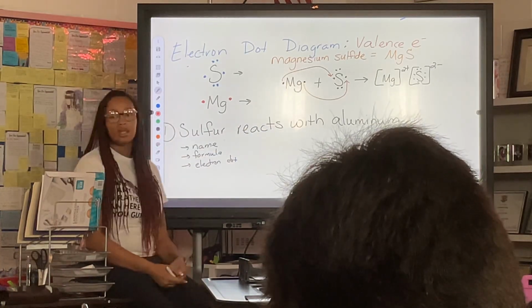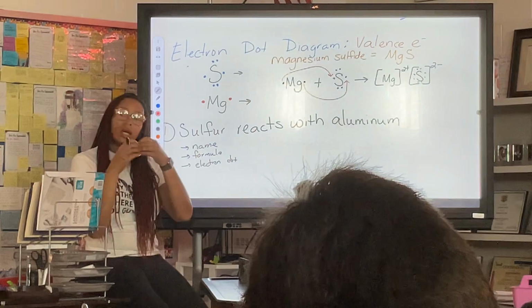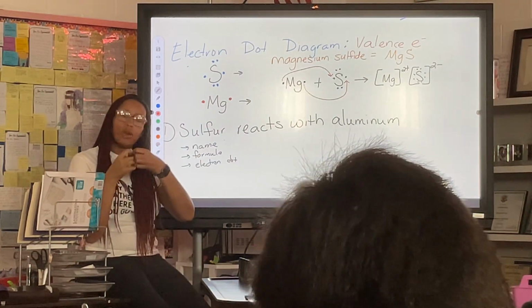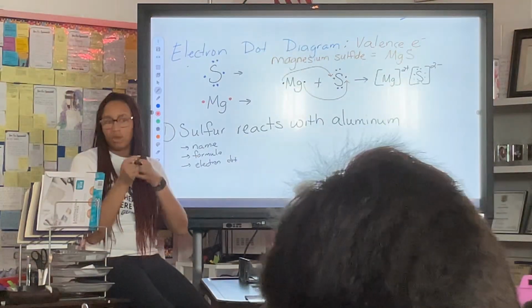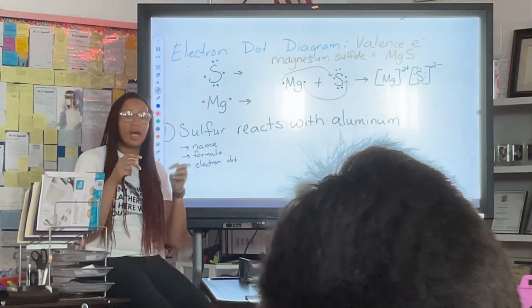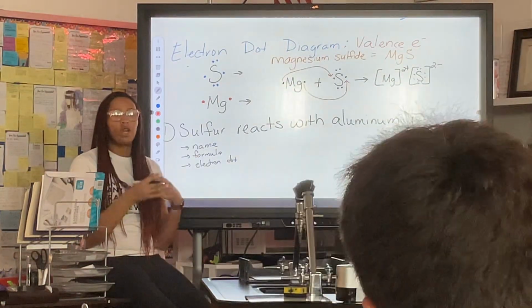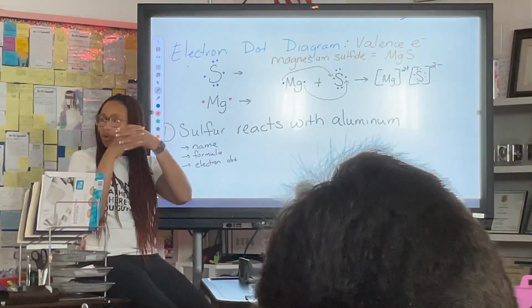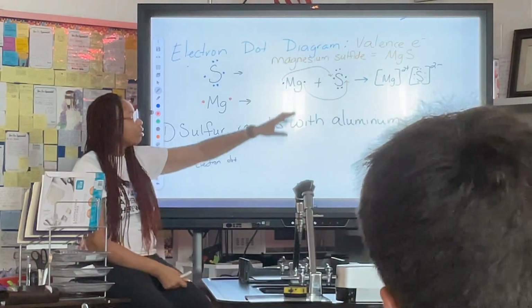Now notice that this actual ionic compound, is it really bonded or is it just strongly attracted to each other? Strongly attracted. The only true bond, guys, is a covalent bond, where you're sharing valence electrons and those orbitals actually merge or fuse, overlap with each other.